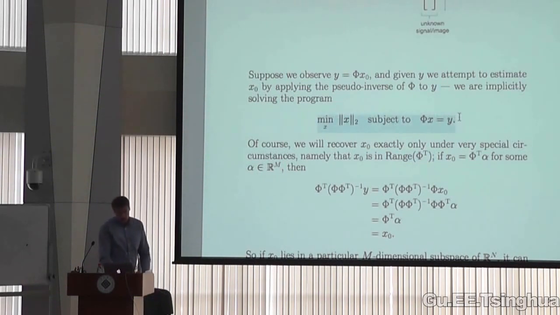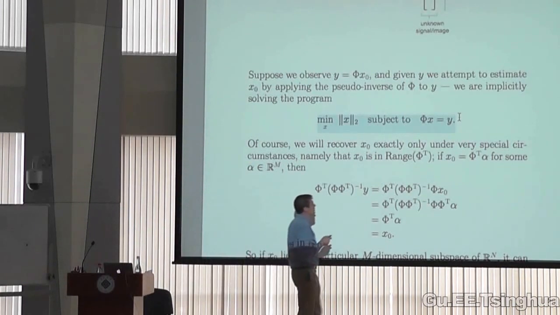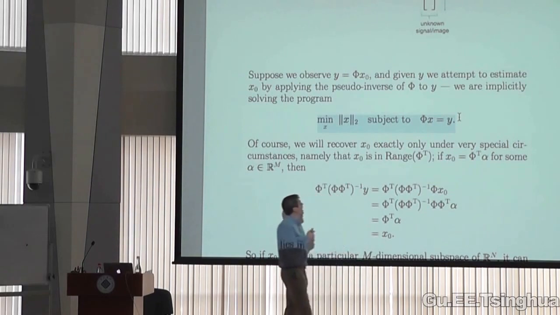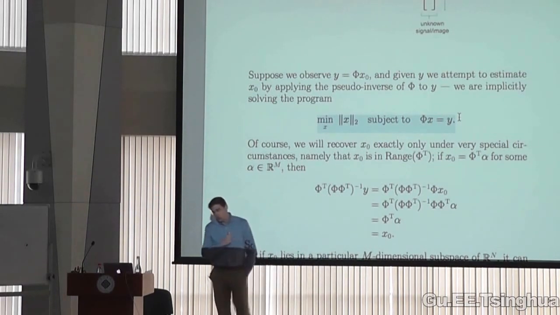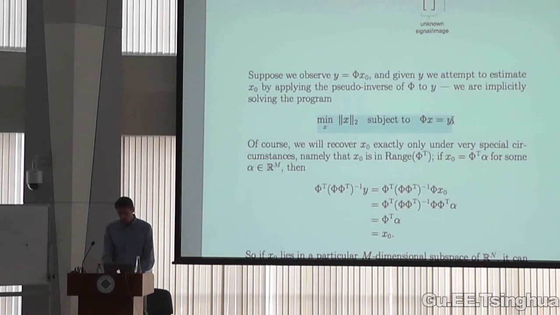And so what this program does is a least squares problem. It says of all the vectors x such that phi x equals y, give me the one that has minimum L2 norm. There's a well-known closed-form solution to this program when phi has full row rank. I simply do it by applying the pseudo-inverse of phi to y.